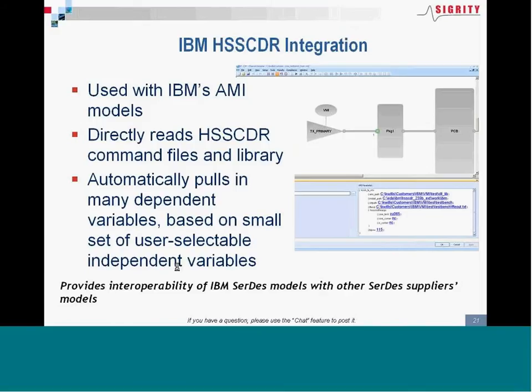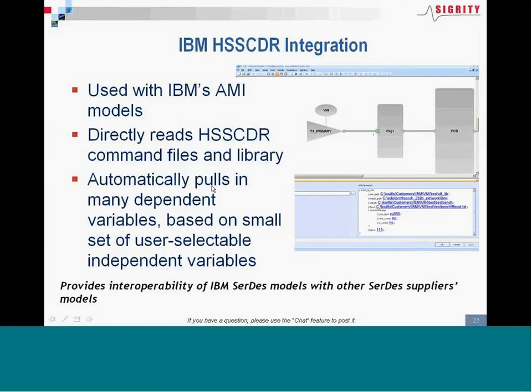We also have capability above and beyond AMI. For example, in IBM's case, they have an internal tool called HSS CDR, which we've provided direct integration to. So if you use IBM IP, this may be of interest. It uses IBM's AMI models directly, but on top of that, also reads HSS CDR command files and library directly.